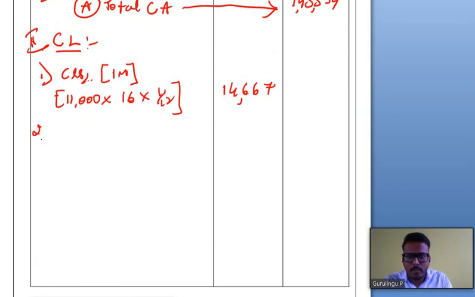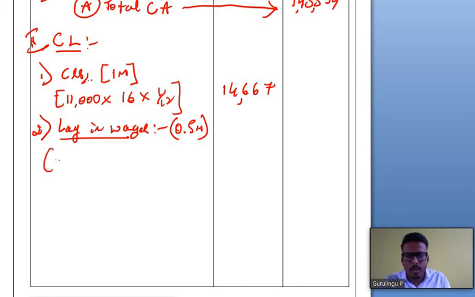The wages per unit given in the question is 4. So 4 rupees into 0.5 divided by 12, you will get 1,833. When you add both current liabilities, you will get 16,500.